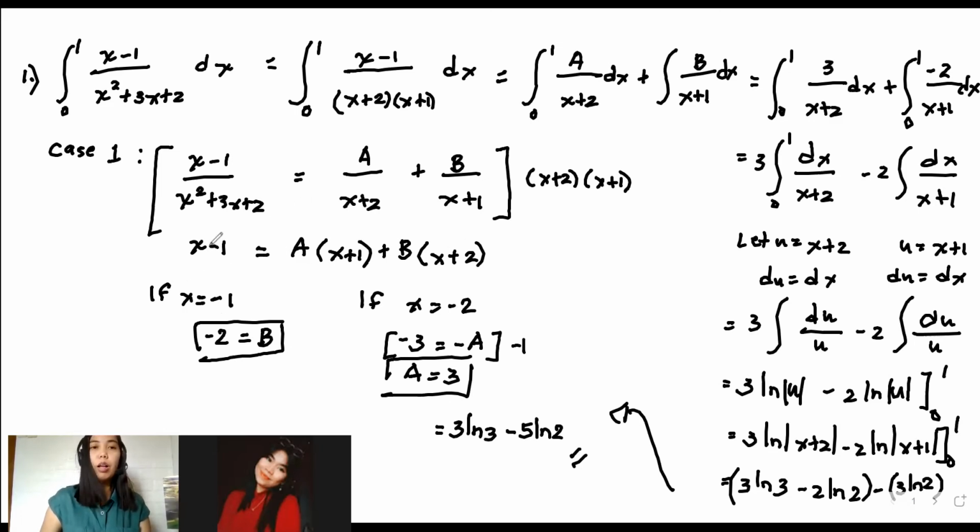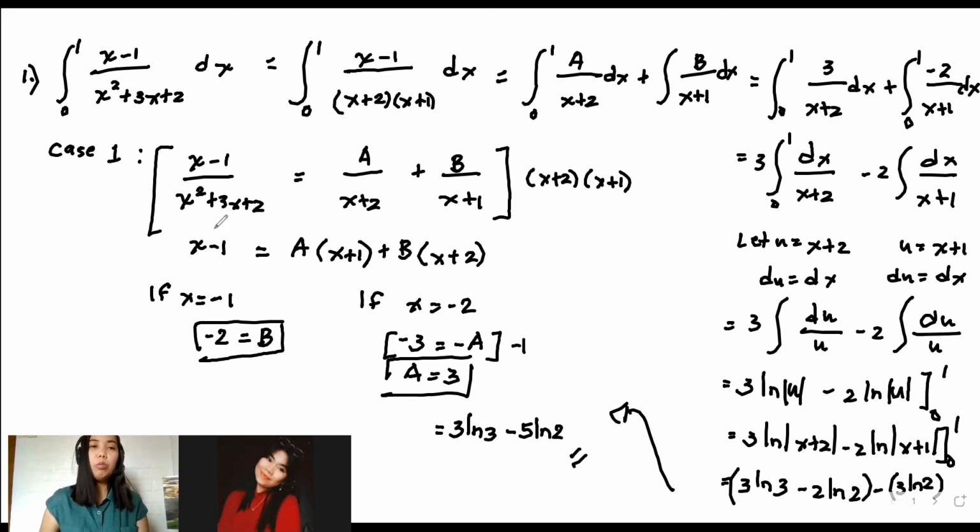If x is negative 1, negative 1 minus 1 is negative 2, equals, this will become 0 because negative 1 plus 1 is 0 times A. So this will be canceled. And then negative 1 plus 2 is 1 times B. Therefore, the value of B is negative 2.